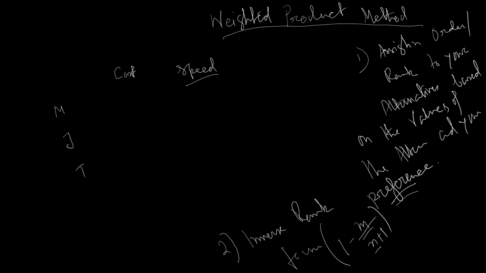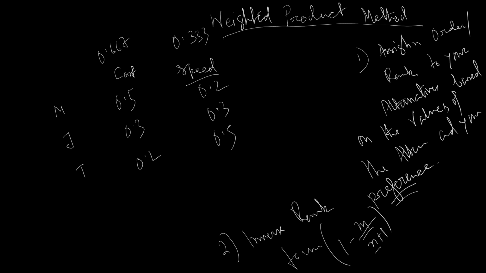But in the weighted product method, let us take the same thing. This 0.5, 0.3, 0.2 is after step 2, so don't think that these are the exact values of the alternatives. Here also I have given higher weightage to cost compared to the weightage assigned to speed.